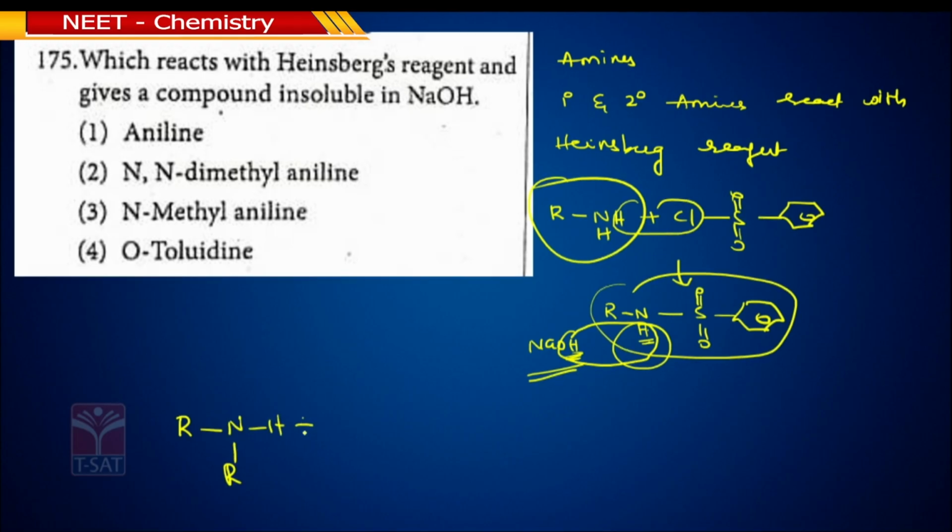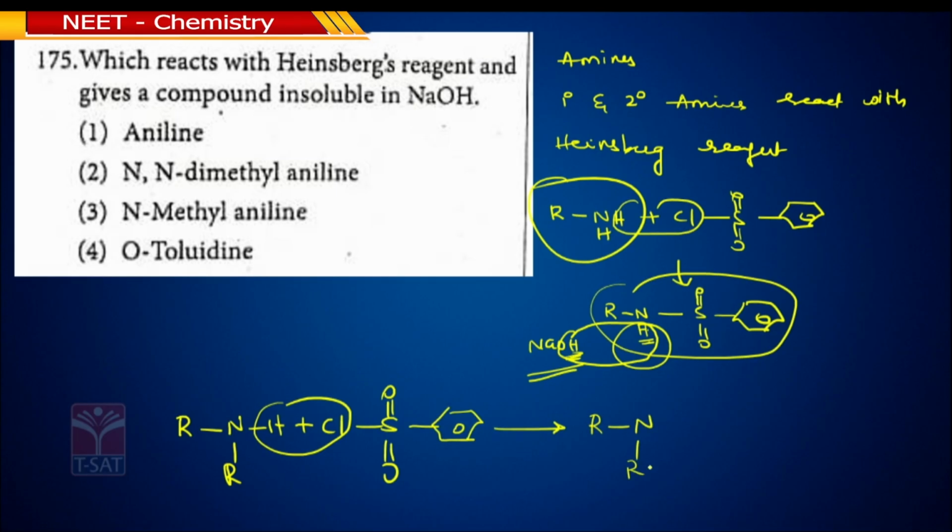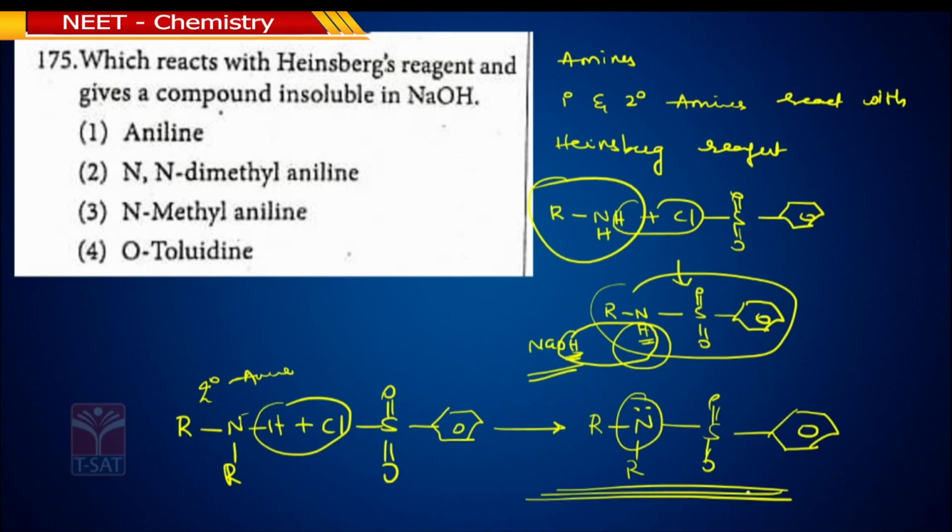R-NH-R, and react this with Hinsberg reagent, benzene sulfonyl chloride, what you are going to get is R-N-R and S double bond O and benzene. Here you do not have any hydrogen which will be dissolved in base. In base, OH minus will react with H plus, but you do not have hydrogen. That is why this secondary amine reacts with Hinsberg reagent, but is insoluble in the base.